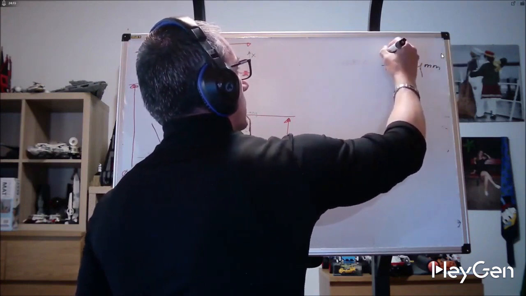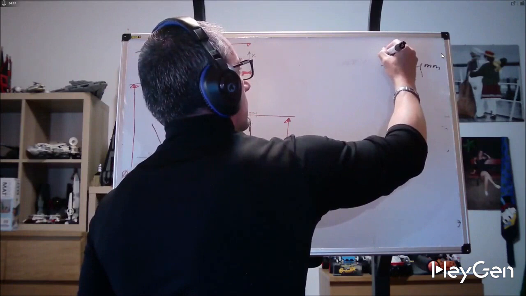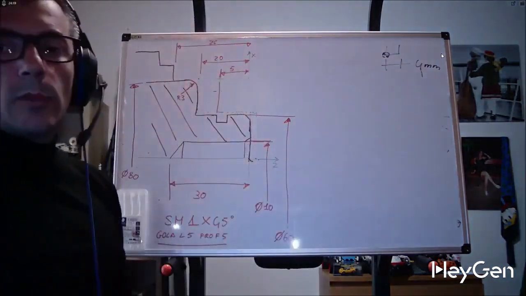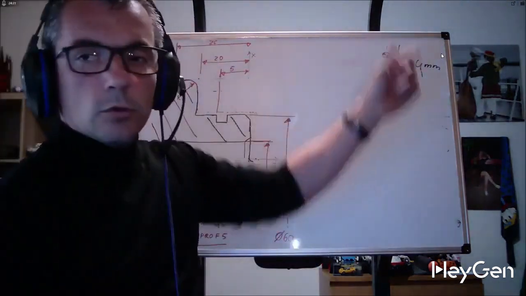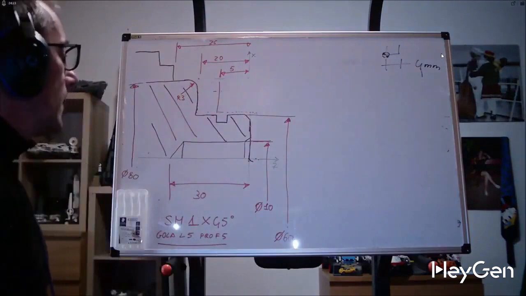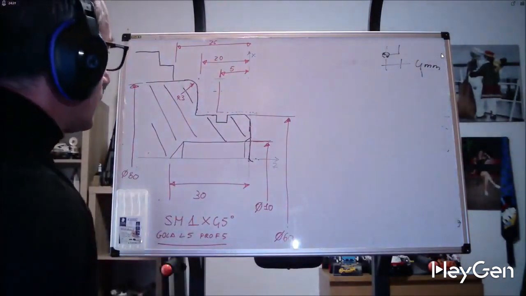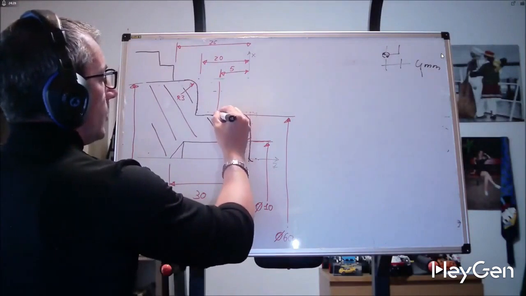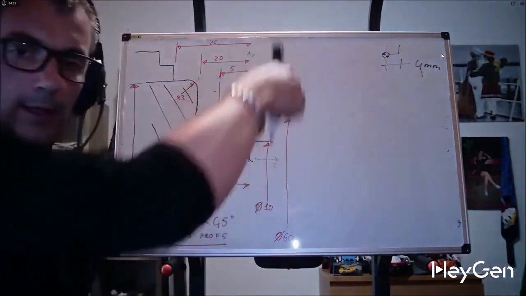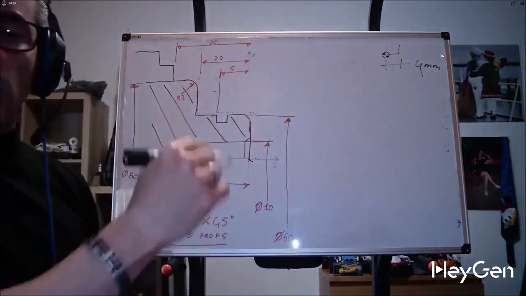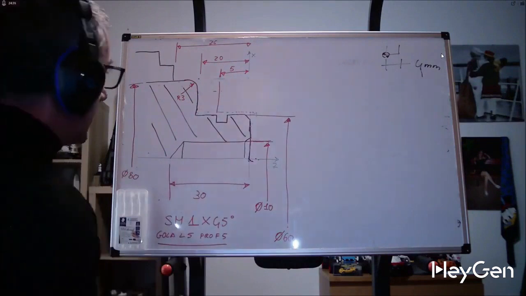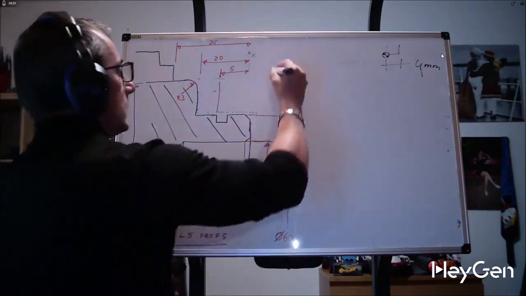and we zero it. Well, we only need to move our virtual point according to X and Z, so our tool point. So what do we do? We should position ourselves in the middle of the groove, truncate it, and then finish it, because this groove is made like this.